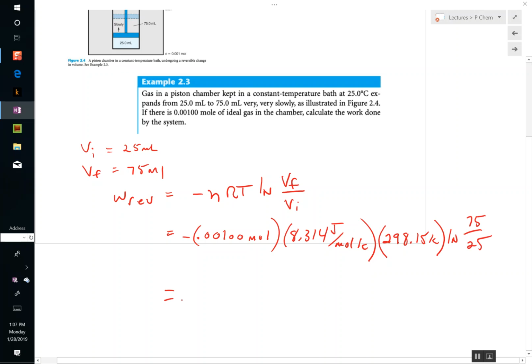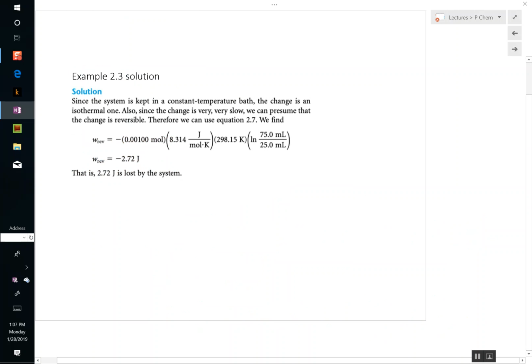And what answer do we get? Negative 2721 joules? Okay, so that's just applying that one equation. Wait a minute, what do we got?